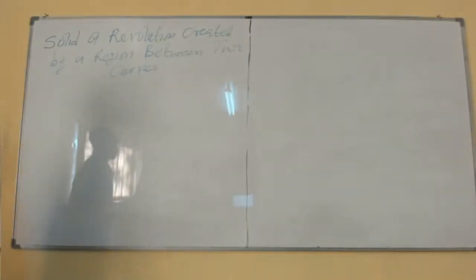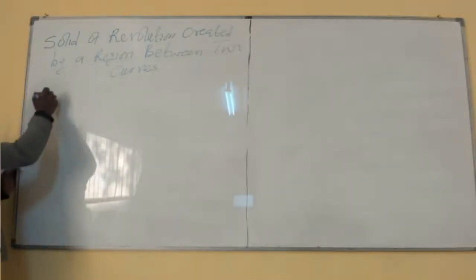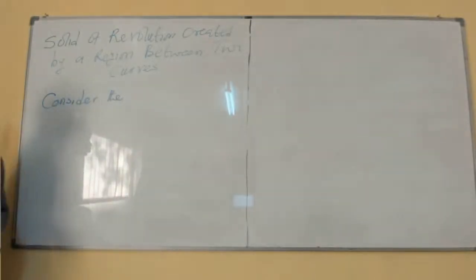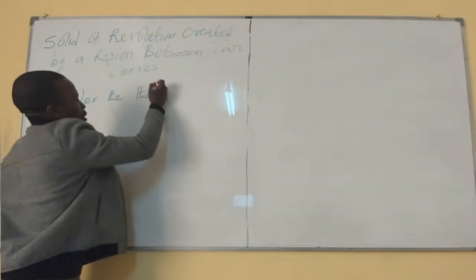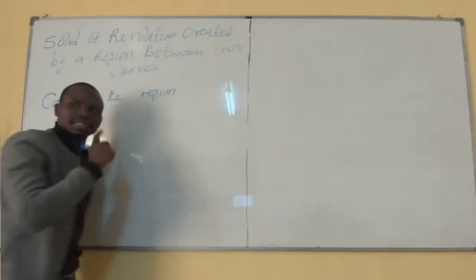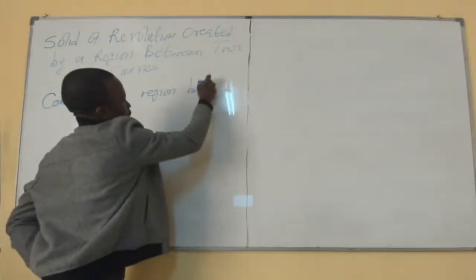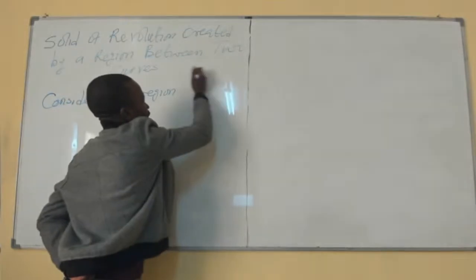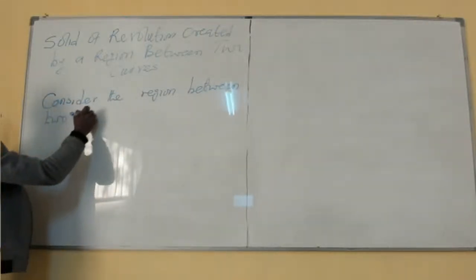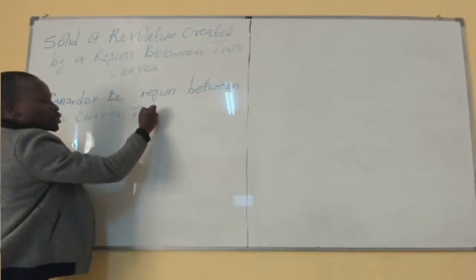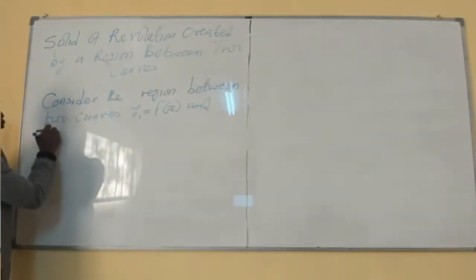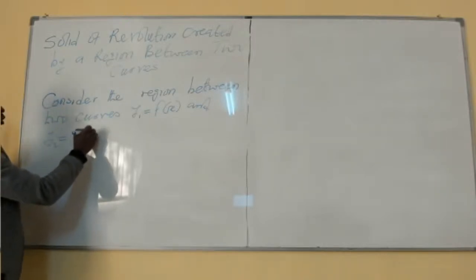So let us consider the region between two curves, y1, which is equal to f of x and y2, which is equal to g of x.